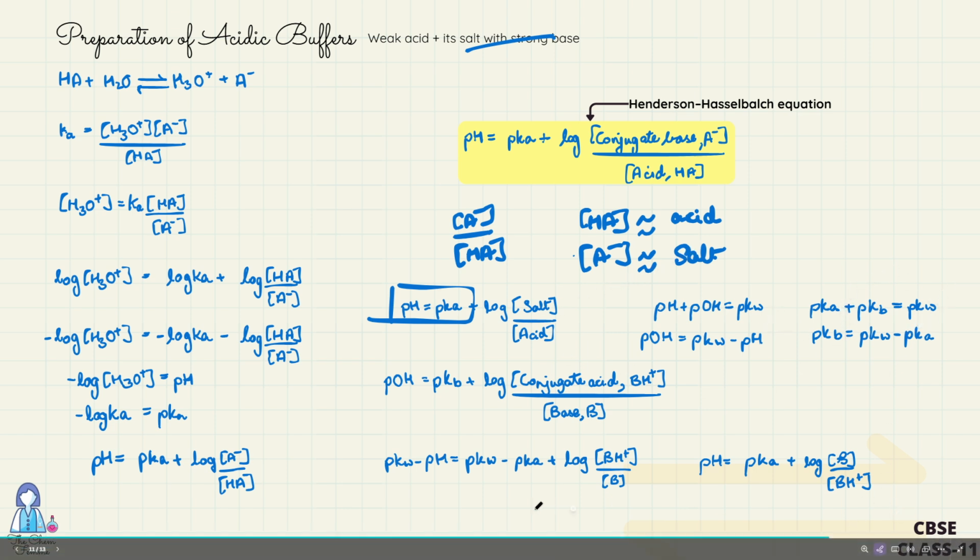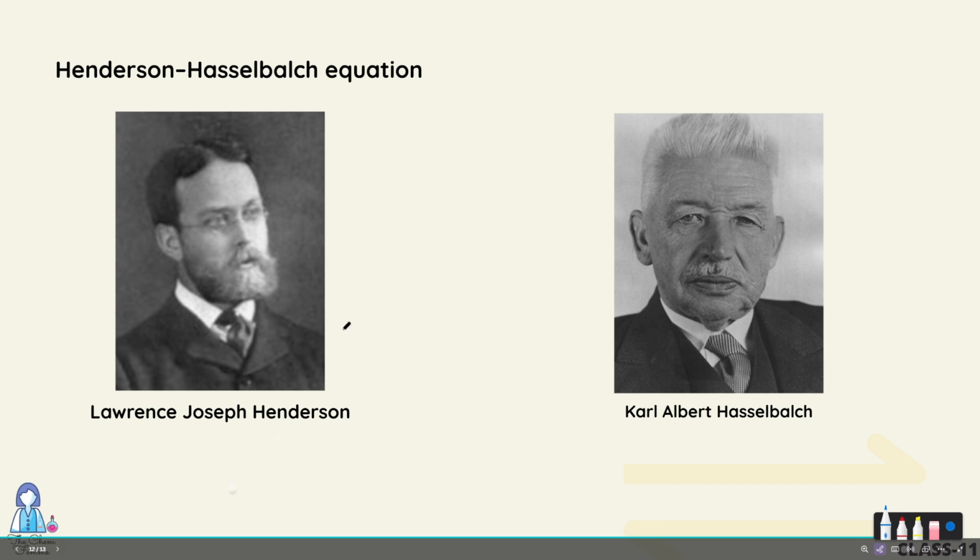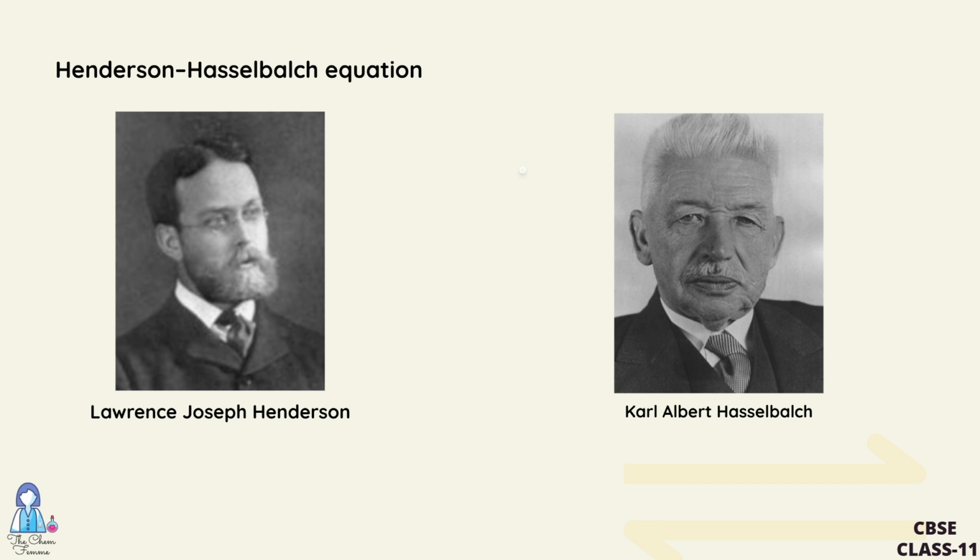Now we're just going to look at Henderson-Hasselbalch. This particular equation is very important in biochemistry and chemistry. It was made by two scientists, Lawrence Joseph Henderson and Karl Albert Hasselbalch. Lawrence Joseph Henderson was a biochemist, and he was the one who came up with the equation in the first place. What he did was he tried to calculate the hydrogen concentration in bicarbonate buffer solution.